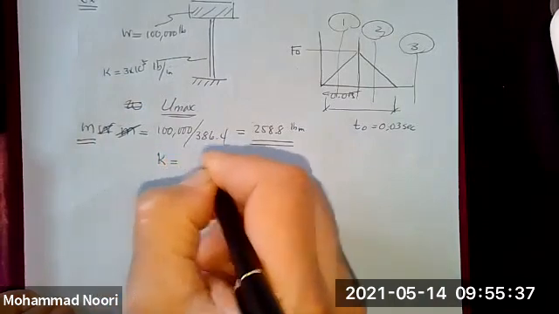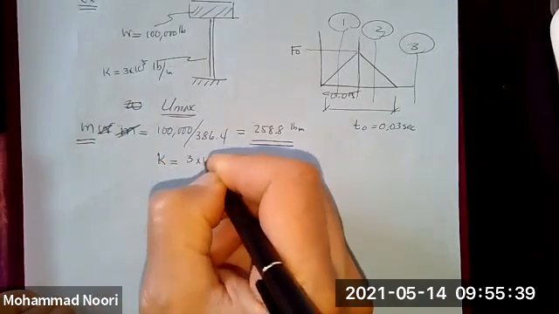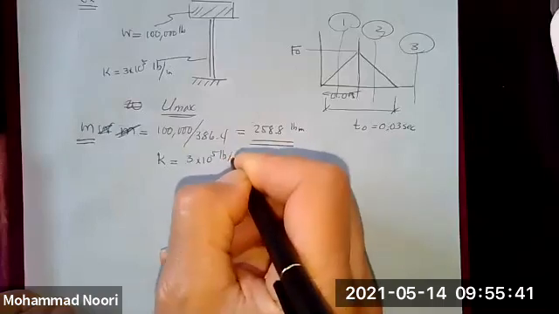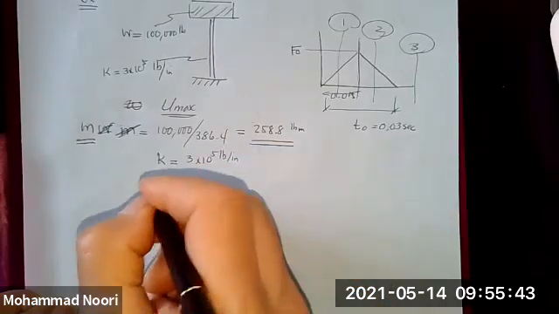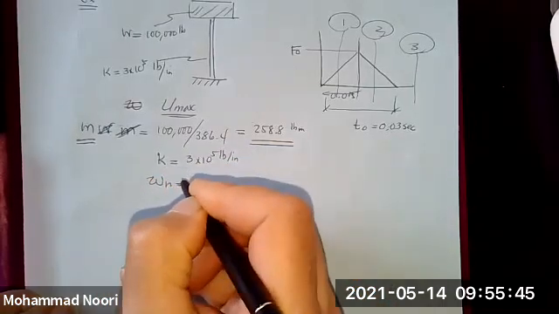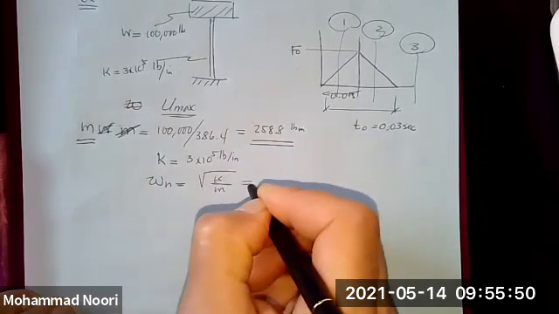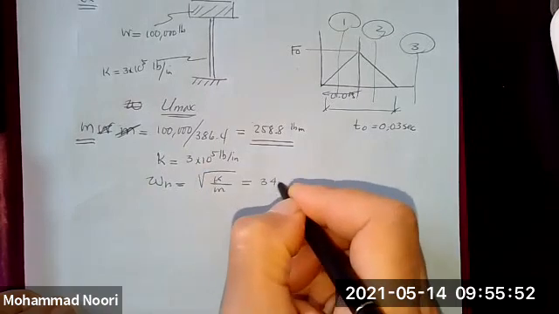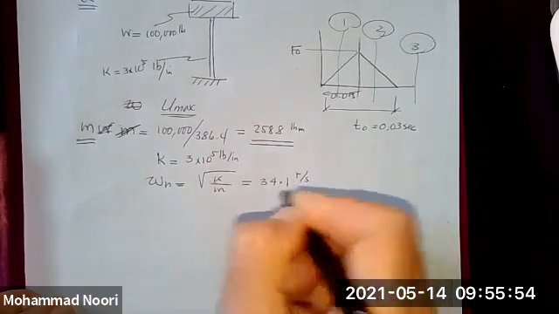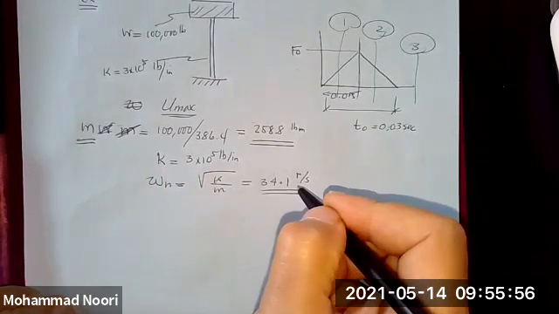K is given as 3 times 10 to the 5 pound per inch. So we can find omega n, which we will need, square root of K over M, that will be 34.1 radians per second.